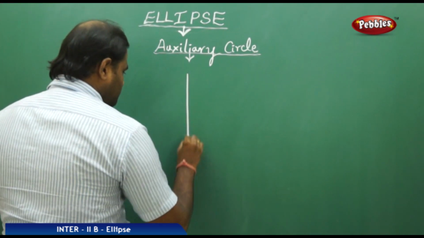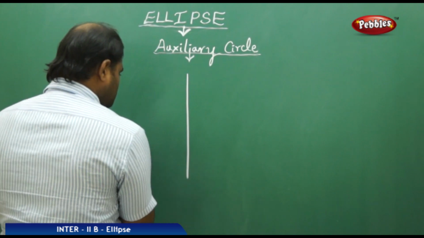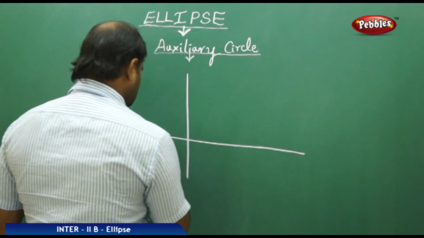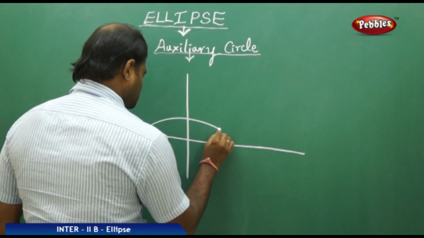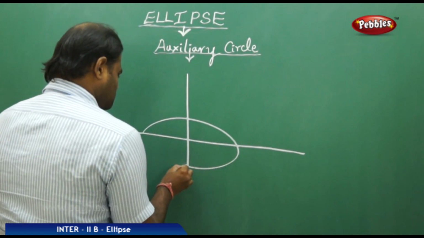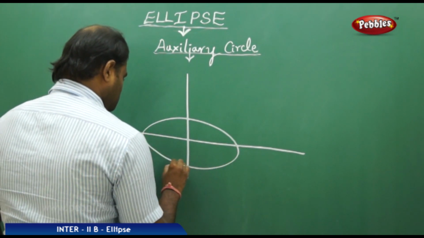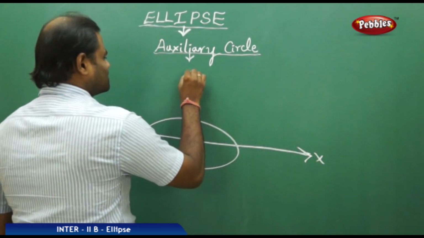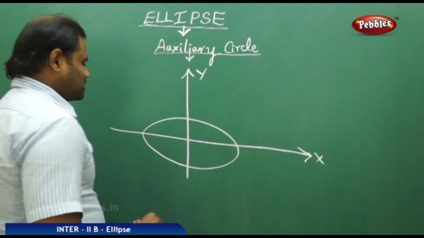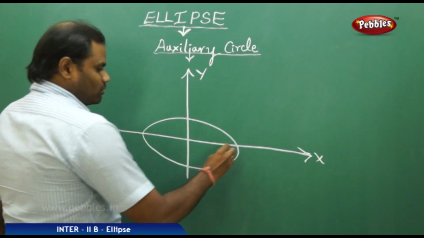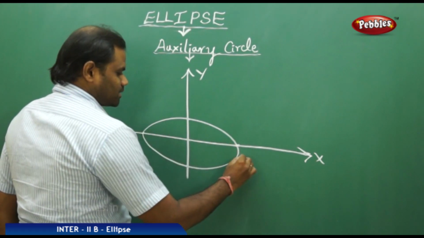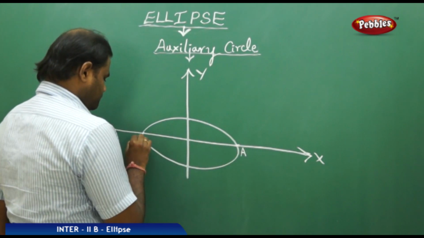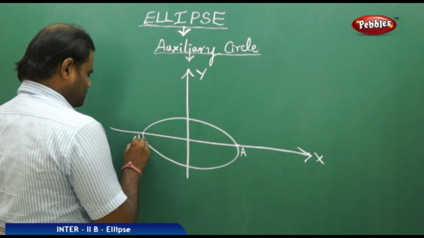Suppose I take the standard equation of ellipse with x-axis and y-axis, then we know that the endpoints of the major axis are A and A dash.